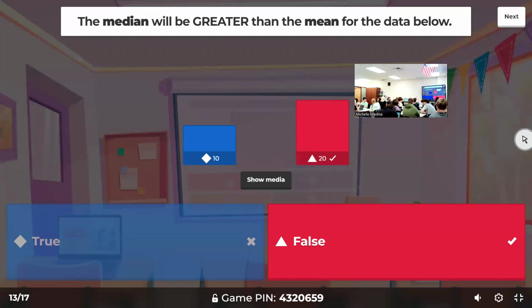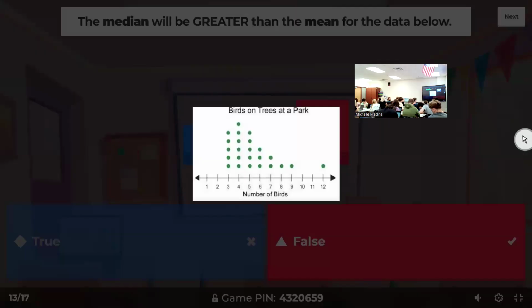Okay, so this is more of a preview of what's to come. You could, since it's a dot plot, calculate the mean and median and compare. You could do that. But later on, we're really just gonna focus on the shapes. So like this is right skewed. And what outliers, which I don't necessarily think this would be an outlier, but for this purpose, what outliers do to the mean, like pull it in that direction, things like that. So I don't expect you to know that now, unless you actually calculated both and compared.